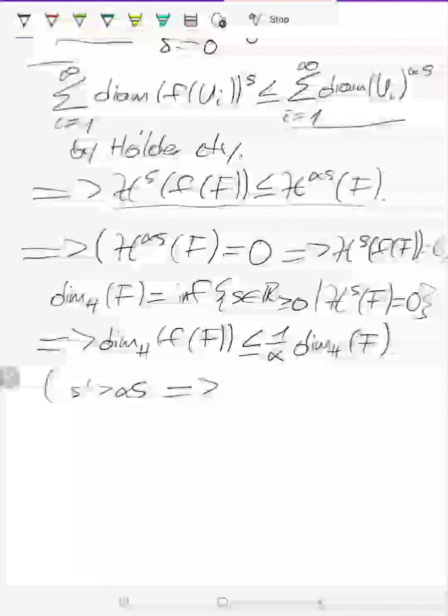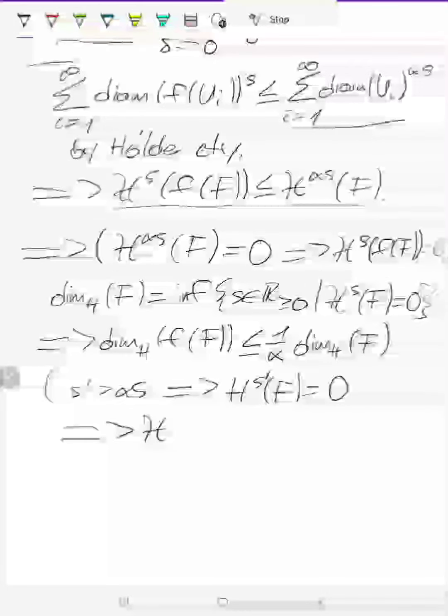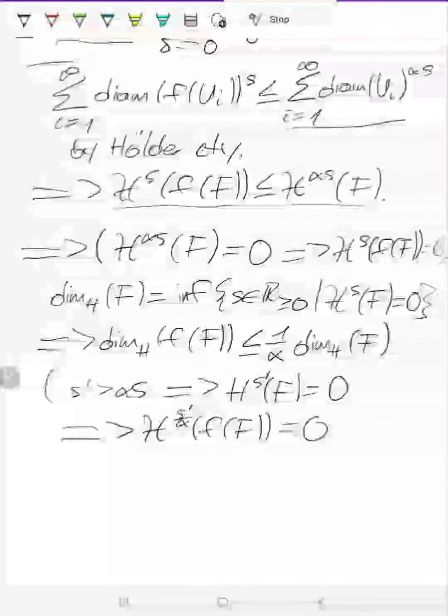Then we get that h with the parameter s' of f is 0, but this means, by what we have shown, that h with s' divided by alpha of the image is 0, so that we get that the dimension of the image is at most 1 over alpha, the dimension of f.